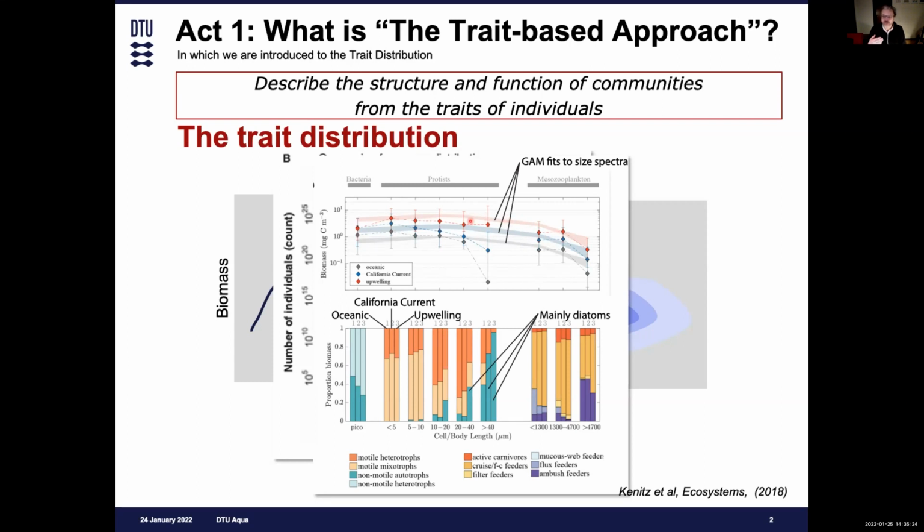But she went one step further and looked at other traits. Among the unicellular organisms, she looked at traits related to resource harvesting, mainly whether they were autotrophic or heterotrophic. Among the multicellular, she looked at activity traits. Are they essentially passive feeders or active feeders? All of this is integrated into the fraction of the biomass, so it's really the full trait distribution that you have here.